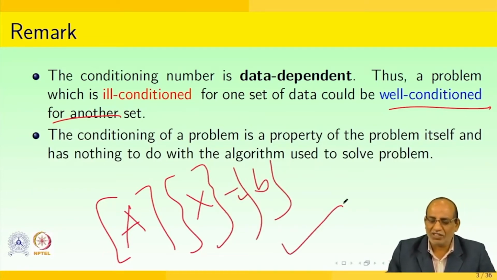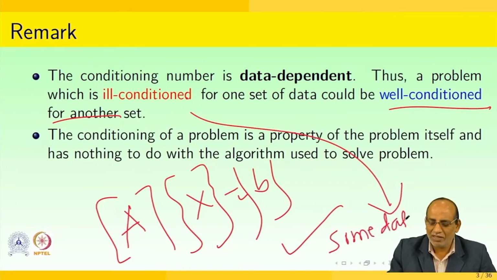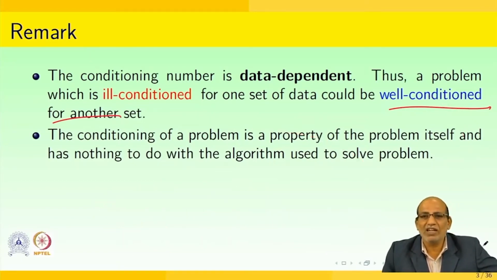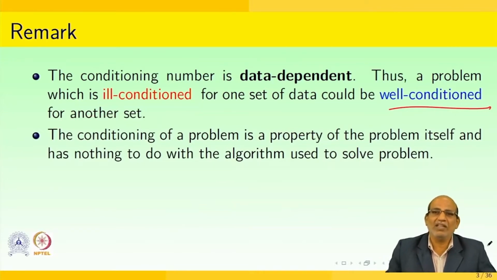If you have such a system, one problem may be ill-conditioned for some data, and it could be well-conditioned for different data. So essentially I can conclude that the condition number, although it defines the stability of the system, is data dependent.